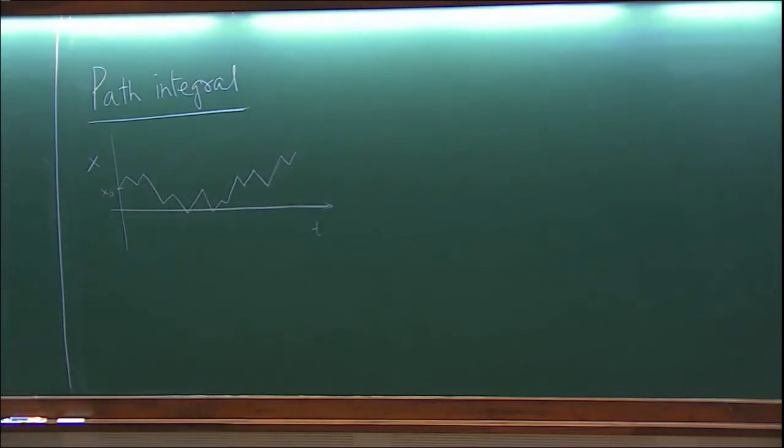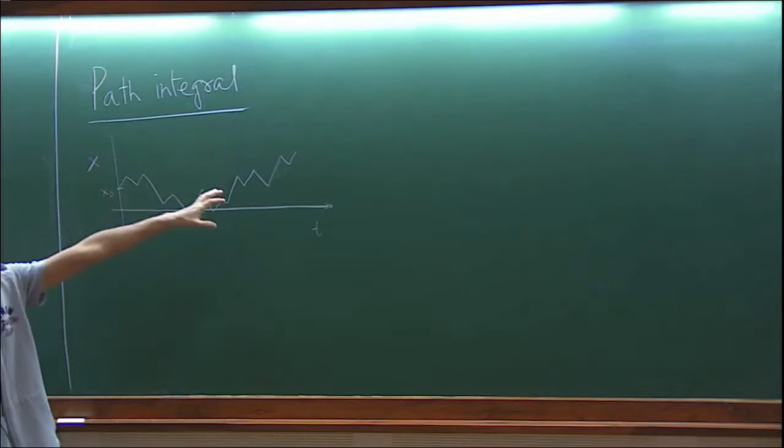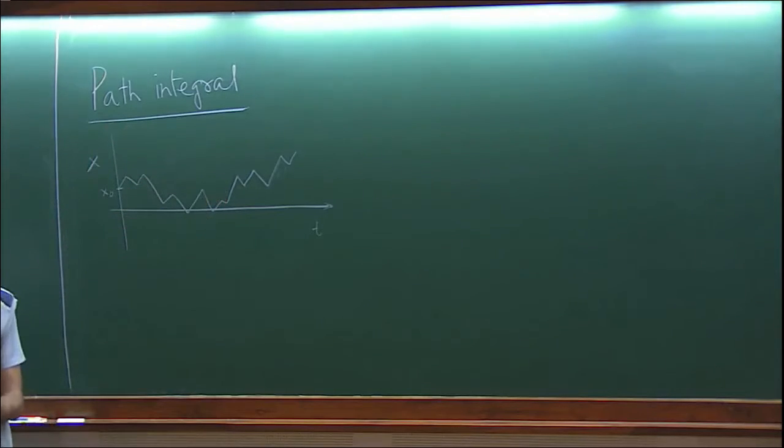So what determines this? These are these random jumps. If I specify all the jumps, that specifies one trajectory.